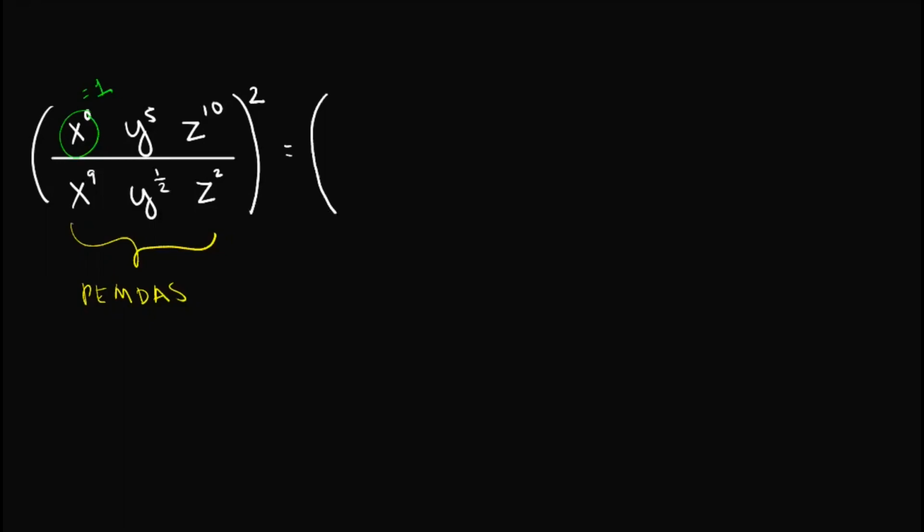So this one would become y raised to 5 z raised to 10 all over x raised to 9 y raised to 1/2 z squared, raised to 2. Or let's just put it so to avoid confusion.